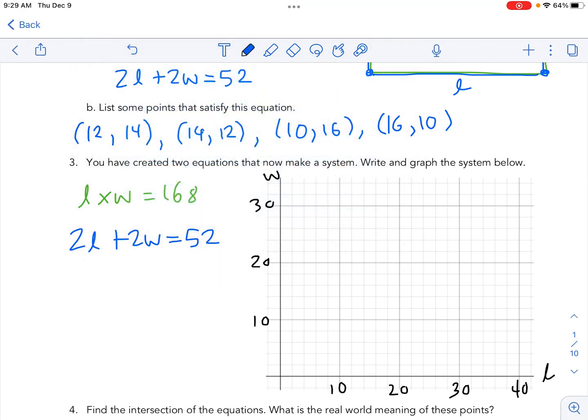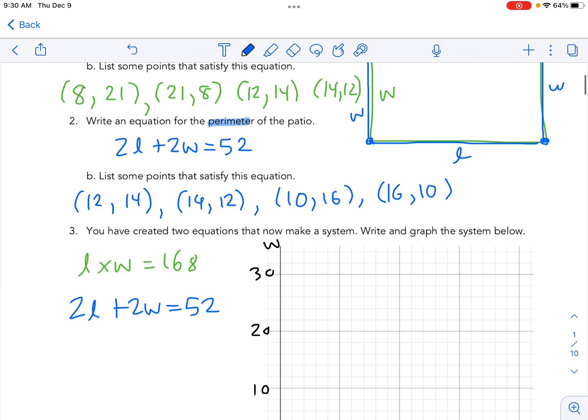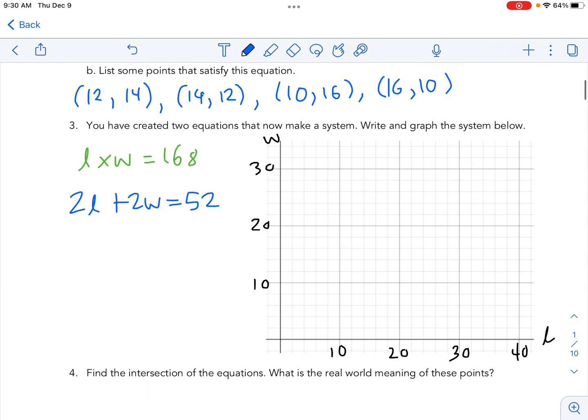And let's just call this L and W. Okay, so let's plot a couple of these points and get this graph here. So let's get 12, 14. So over 12 up 14, over 14 up 12, over 10 up 16, over 16 up 10.